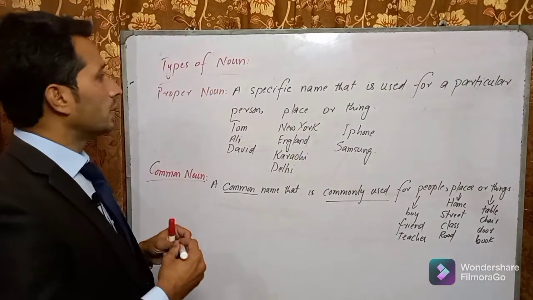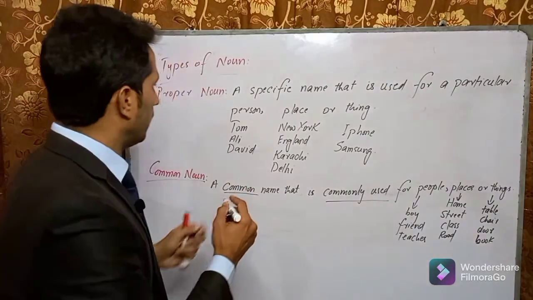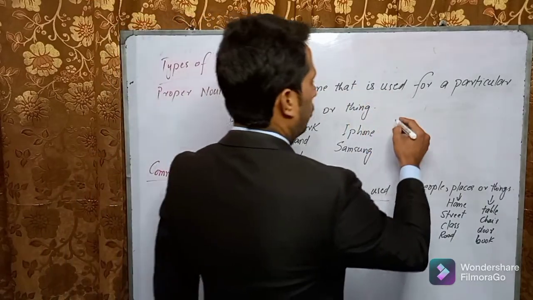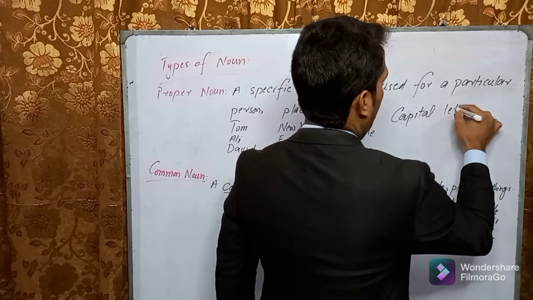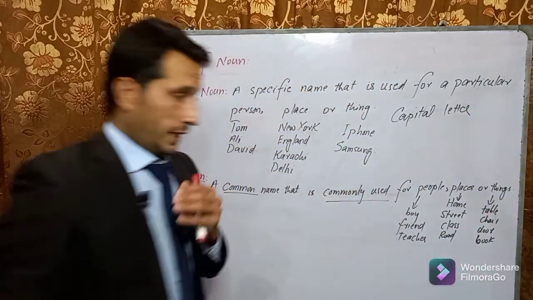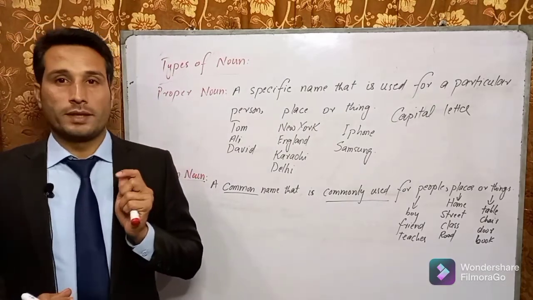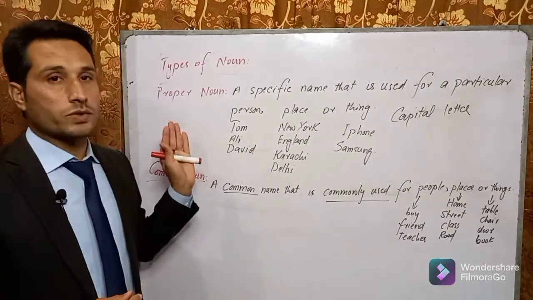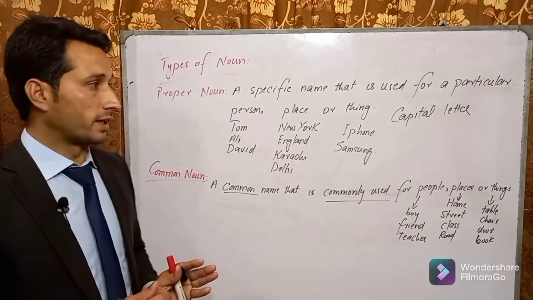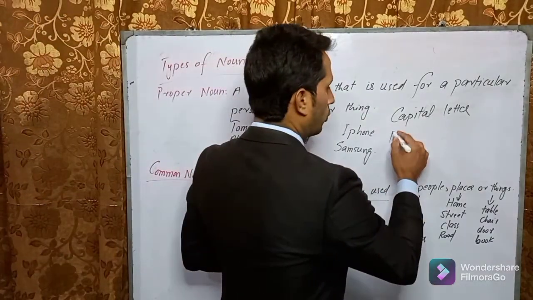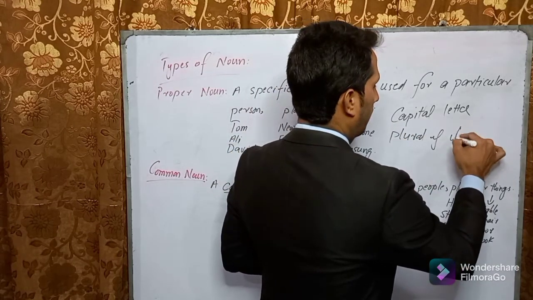Now, there are some features which I have to discuss. The first one is: proper nouns are always written with a capital letter. Remember that a proper noun is always written with a capital letter. We cannot write it with a small letter. If we write it with a small letter, it is incorrect. Apart from that, we cannot make a plural of it.